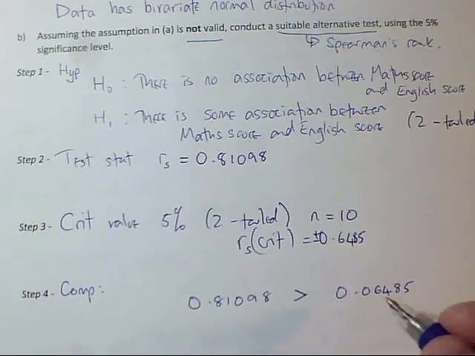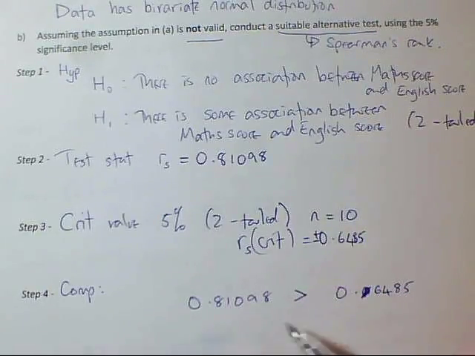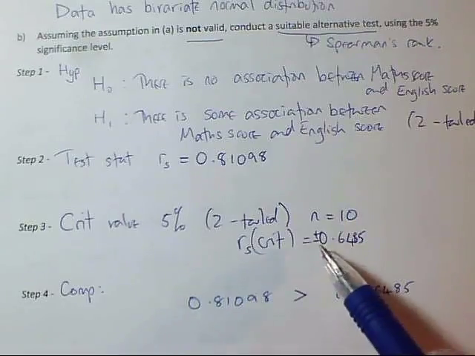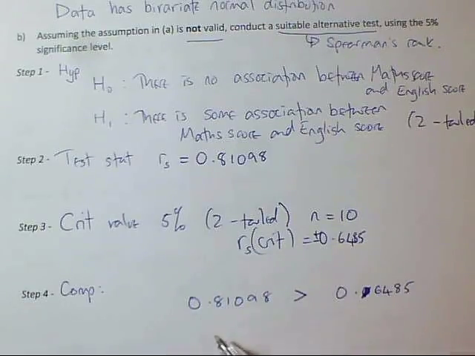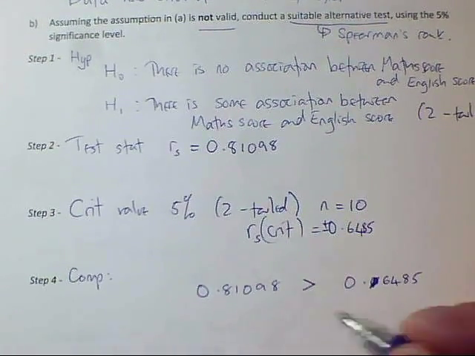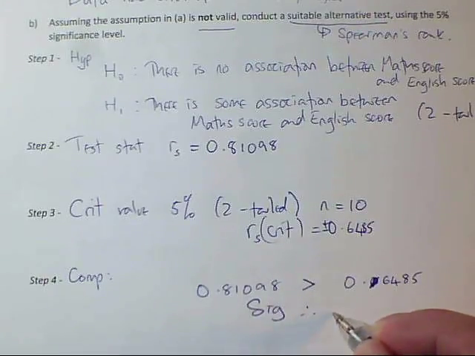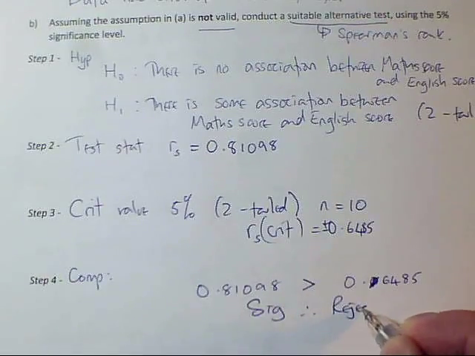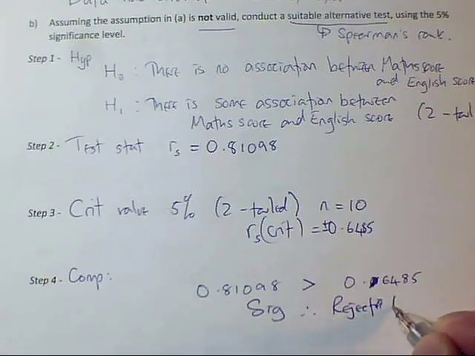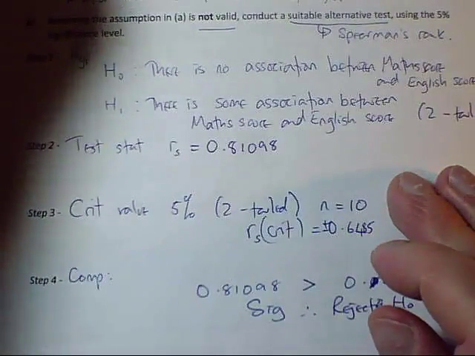If it hadn't beaten this, then I would have needed to double check that it wasn't less than the negative one. But for the comparison, I just need to say this, and therefore I am going to say that this is, well, it beats the critical value, so this is significant. Therefore we are going to be rejecting H0. So reject H0.